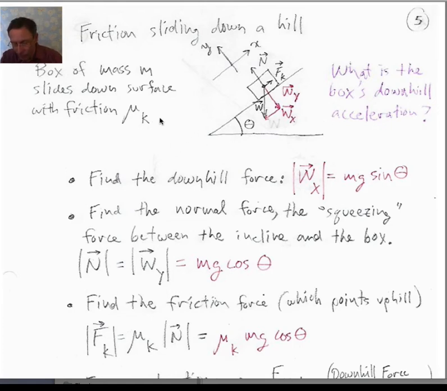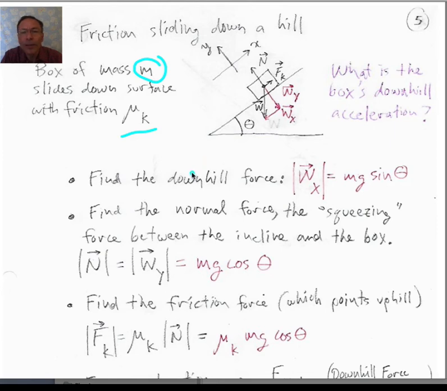We have that the box has mass m. Now I'm going to tell you right now, the mass is not going to matter. It's going to cancel out like before. The friction coefficient will matter. That's going to be important. And the angle will matter. After all, we know that the more steep the hill is, the more the acceleration is going to be. We just kind of know that.